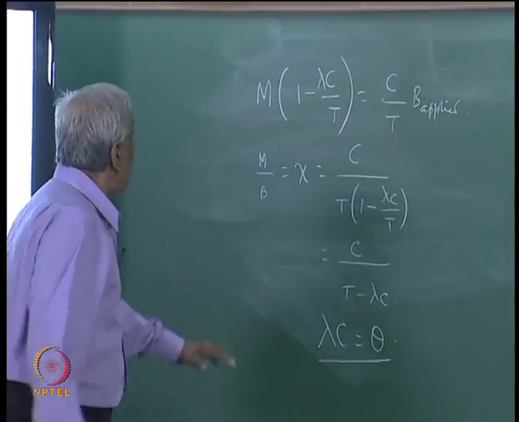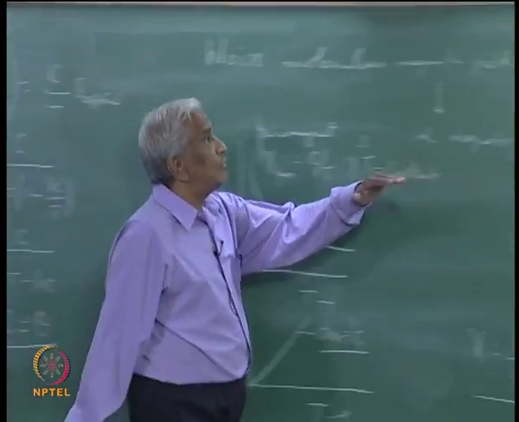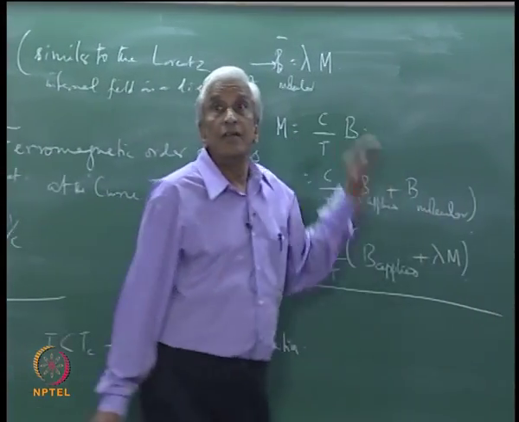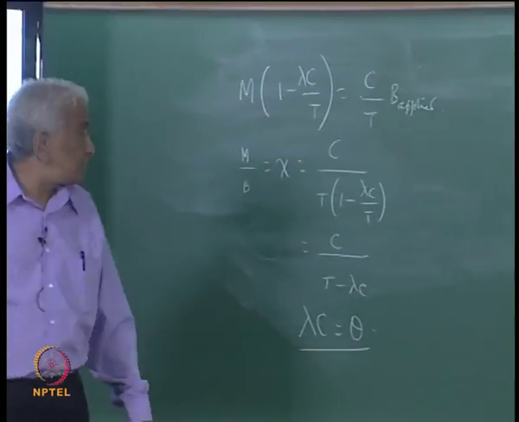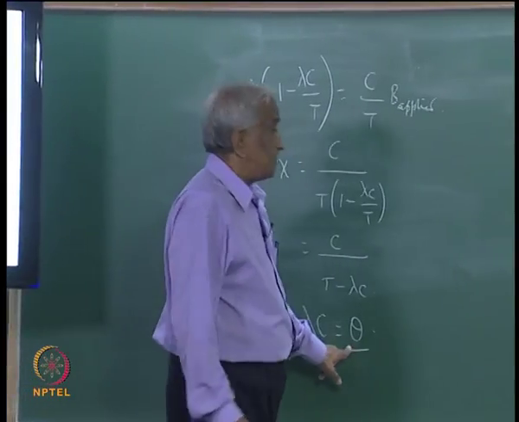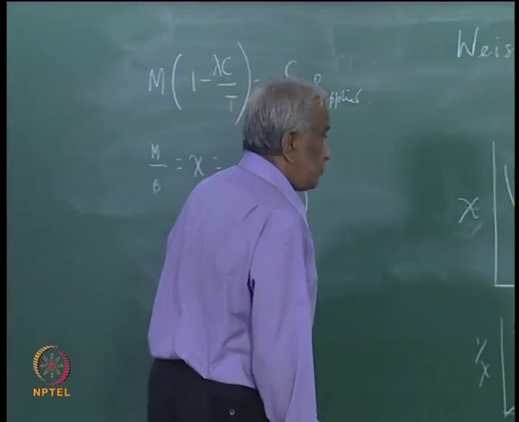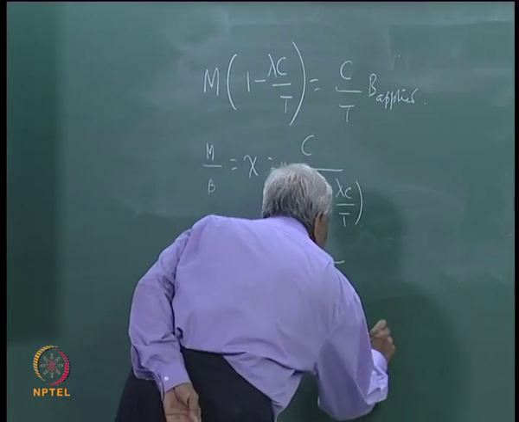So, using the molecular field hypothesis of Weiss, we are able to account in a very simple way for the existence of the Curie-Weiss temperature. Theta is known as the Curie-Weiss temperature.